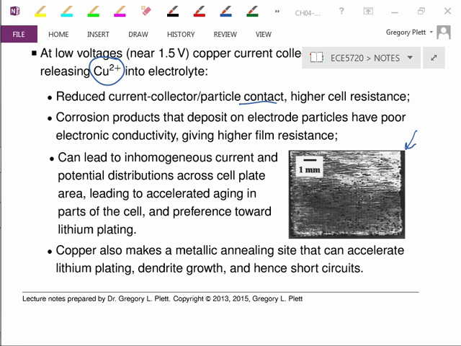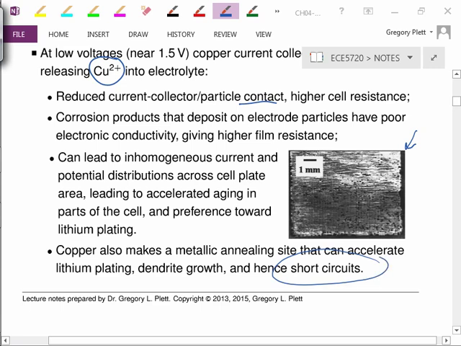But if you are really pulling current out of the cell and you have this copper dissolution, the current collector corrosion, it tends to cause short circuits, soft shorts usually, where there's just this metallic bridge that's formed between the negative and positive electrodes that's always conducting some current, and you can never keep a cell charged after that point. It's like the bucket has a hole in it. There's always a leak of charge, and once you have that happen, the cell is pretty much gone.